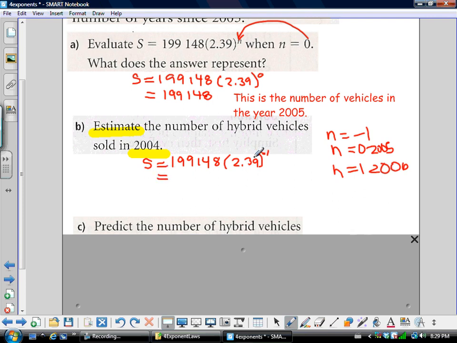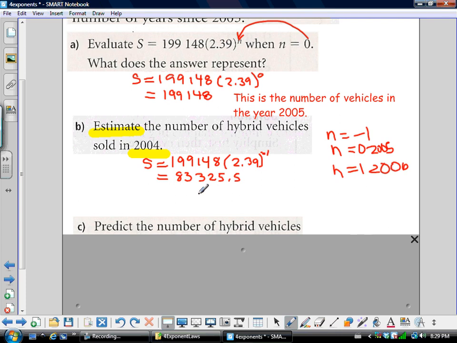So I'm going to type this all in, make sure I put a negative 1 for my exponent, and when I do that, I end up with 83,325.5, and obviously they can't give me half of a vehicle, so it would round up.